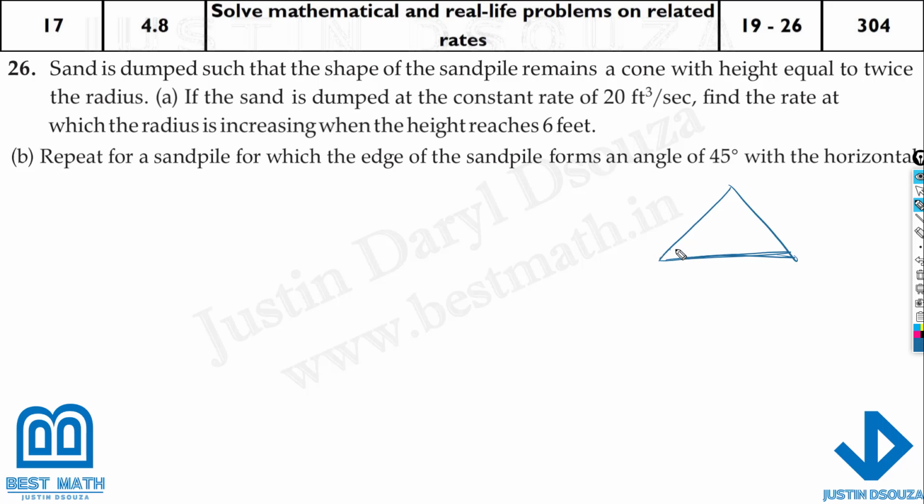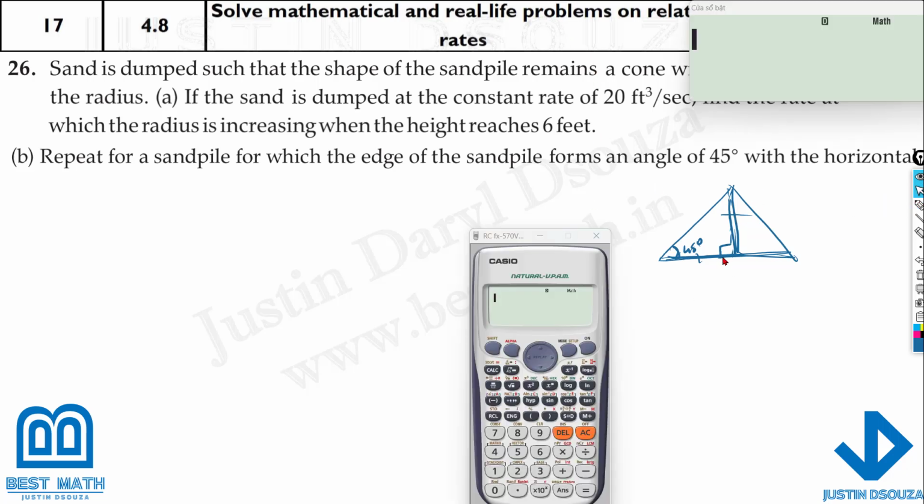So here, what happens when it's 45 degrees? Imagine this is the height, this is the radius, right? 90 degree. When you have 45 degrees, these values both are equal. I'll show you in the calculator why they are equal. If you have these two sides, say 3 and 3, what is tan theta?